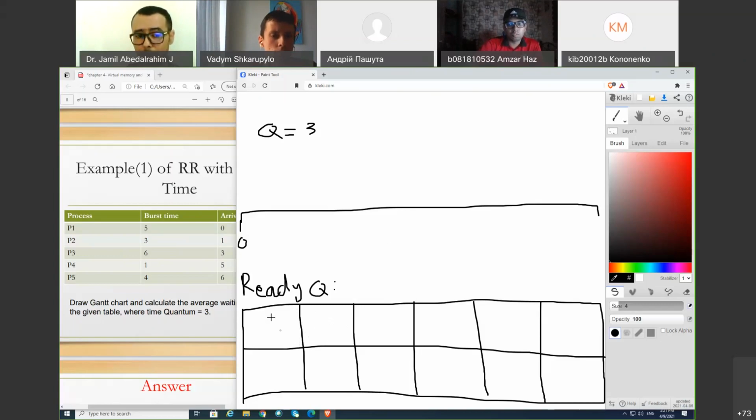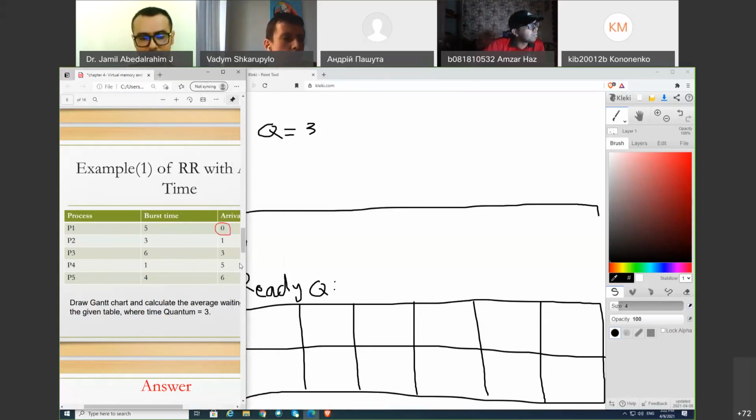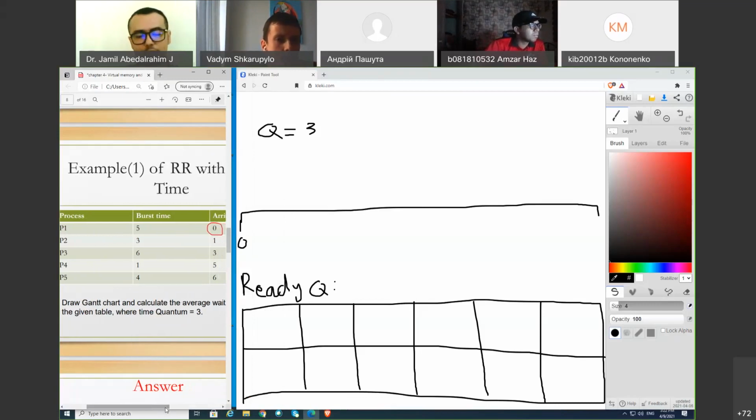Okay, so as I mentioned before, since we have arrival time, we take a look at which process arrived first. In this table, the first process to arrive is P1 at 0. Since P1 arrived, we will execute P1. So from 0, which process is ready to enter the memory?